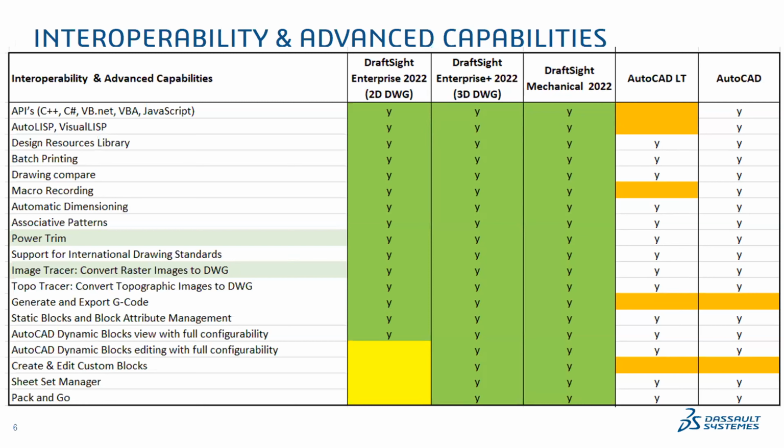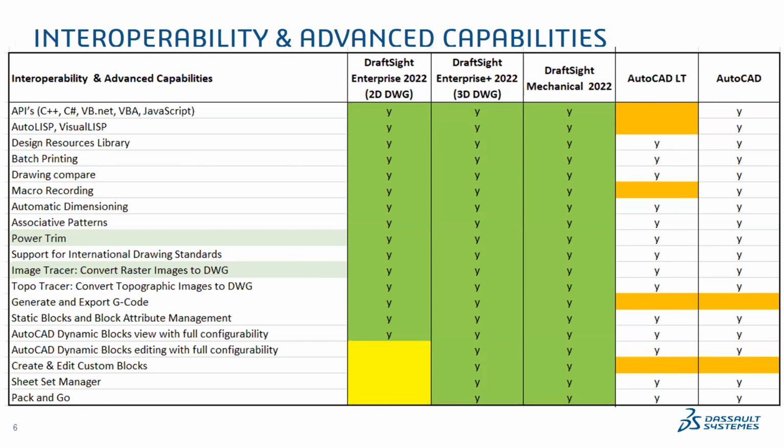And if you have more mechanical design tasks, then since last year we have a special version, DraftSight Mechanical, which was created in collaboration with one of our largest users of DraftSight, and it's specially designed for mechanical engineers, and you can choose this version based on your needs.